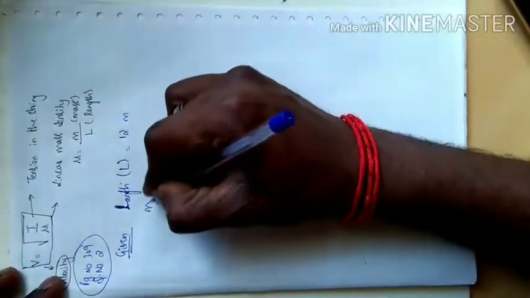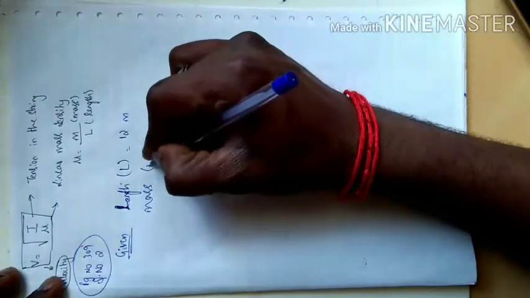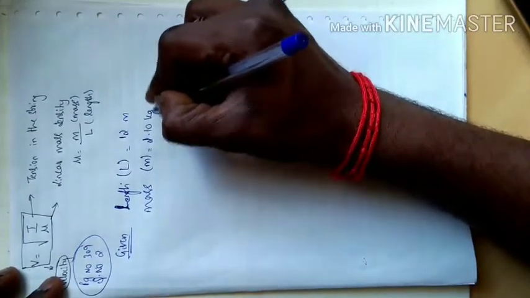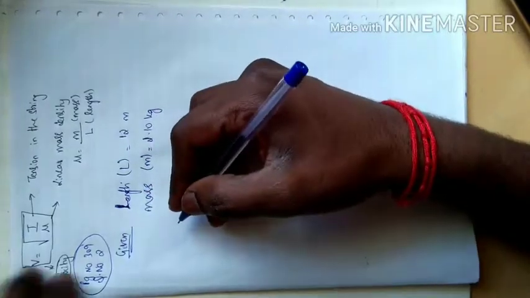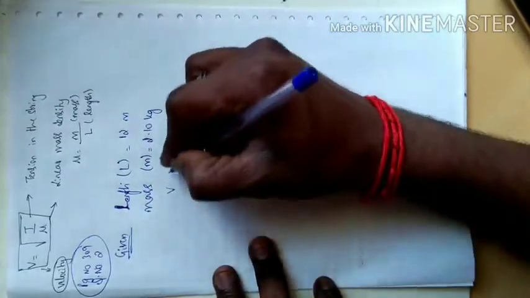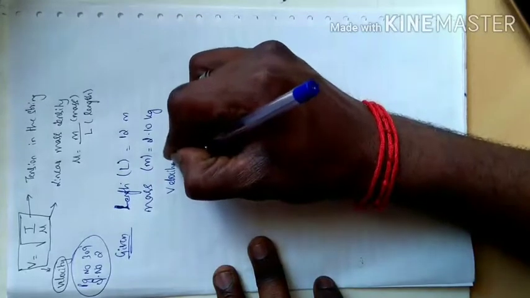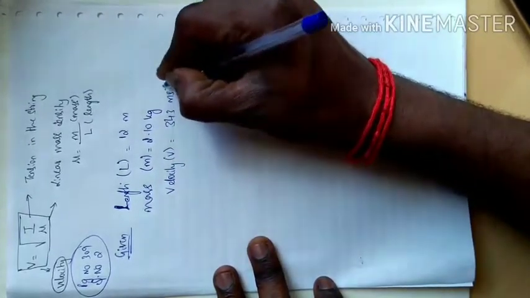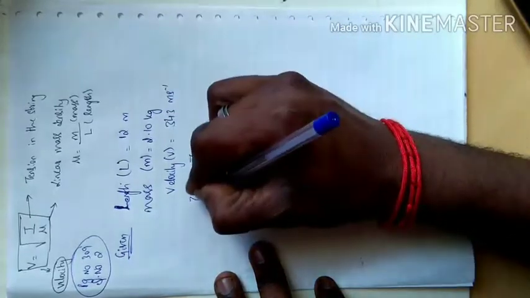And the mass of the wire: M is equal to 2.10 kg. Then they are giving the velocity: V is equal to 343 meter per second. They are asking you to calculate the tension.